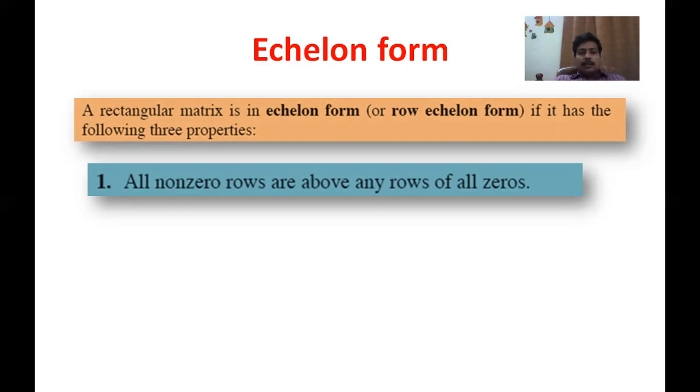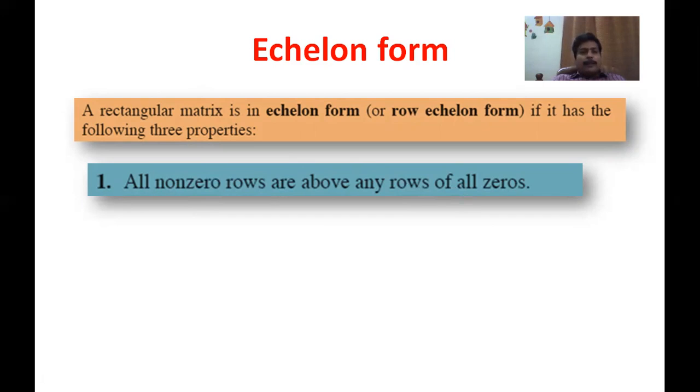That is, all the zero rows must be below the non-zero rows. This is the first condition.